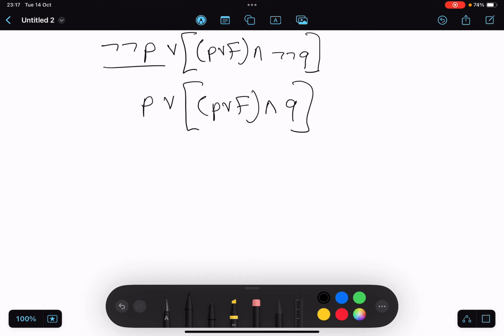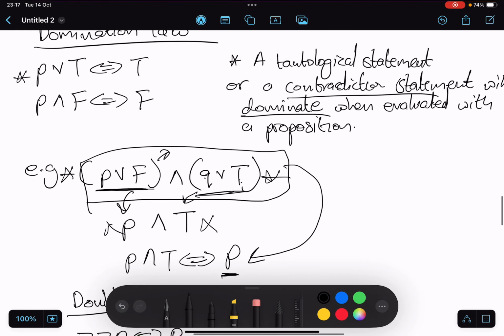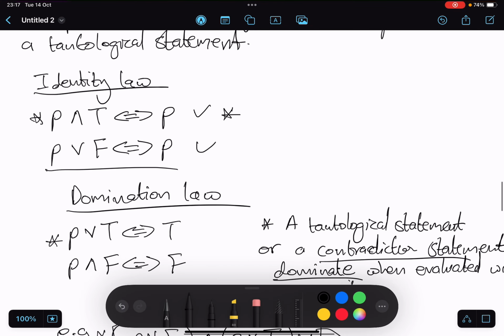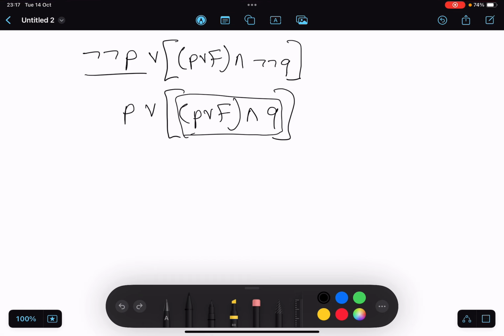And then from here, I hope you can see that we can use the identity law, which we spoke about earlier. So if we simplify this, we are going to have P or P and Q, isn't it?